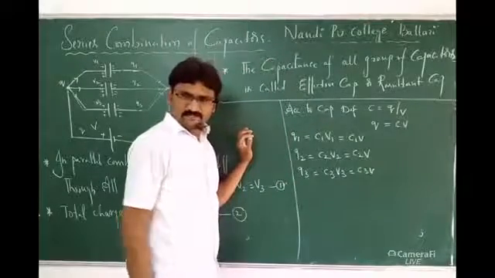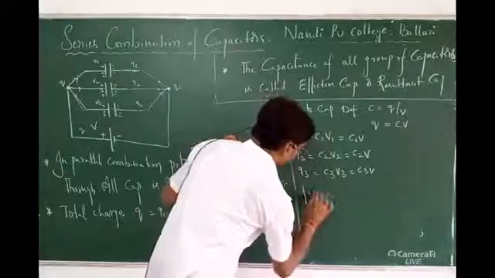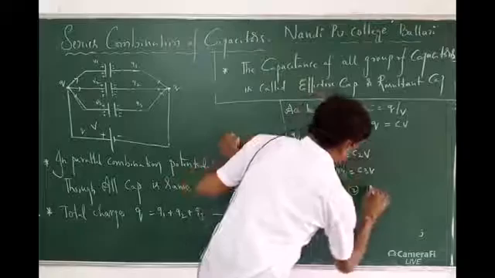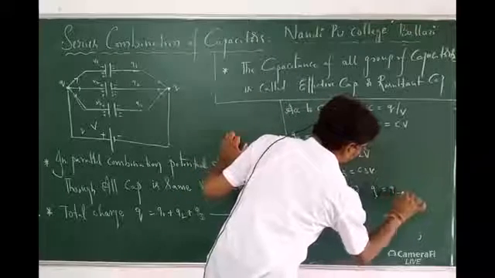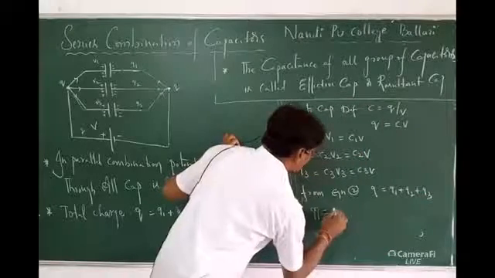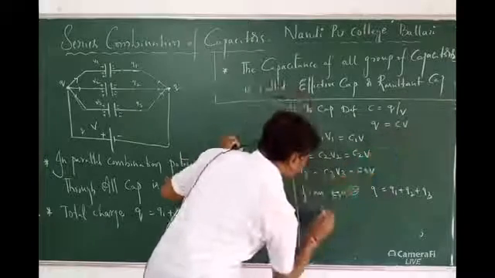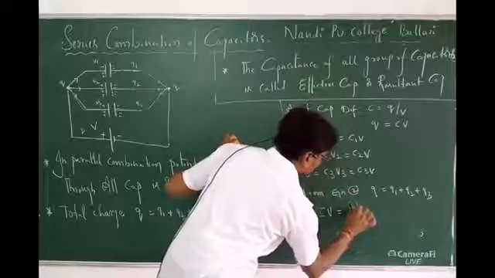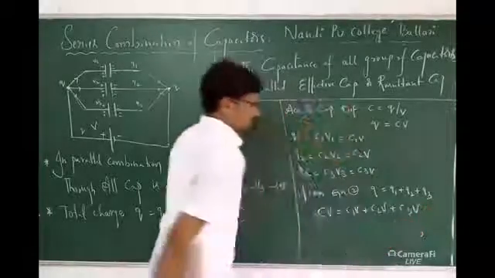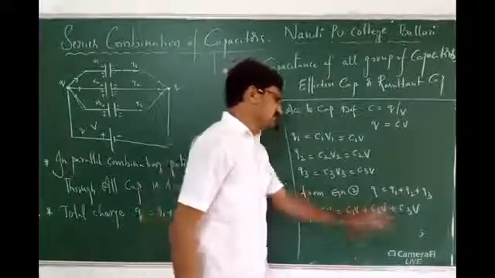Now what is our duty? We have to substitute all three values in equation 2. What is equation 2? Q is equal to Q1 plus Q2 plus Q3. So Q is equal to CV. CV is equal to C1V plus C2V plus C3V.